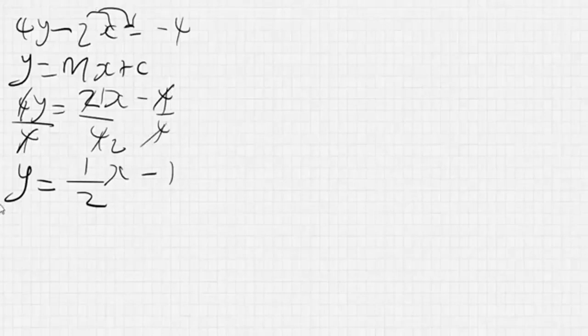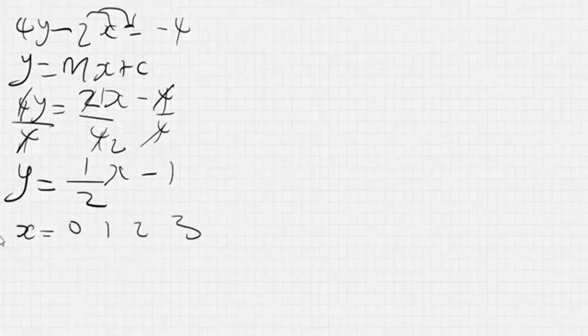Alright, so from here, in this question, we are not given the values of x. Now, when you're not given the range of x, it is expected that you should provide your own range of x, of which I recommend using a range from 0 to somewhere around 8. So our range of x will be 0, 1, 2, 3, 4, 5, 6.